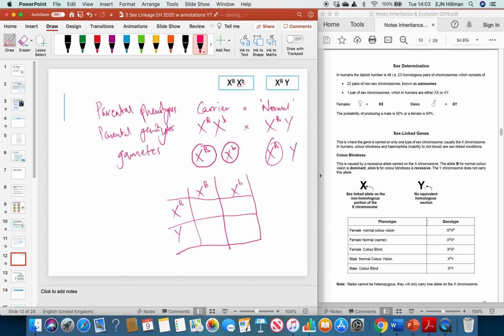A female with 1 dominant allele and 1 recessive allele on her second X chromosome. A male with the dominant allele for normal colour vision, and finally a male with a recessive allele.